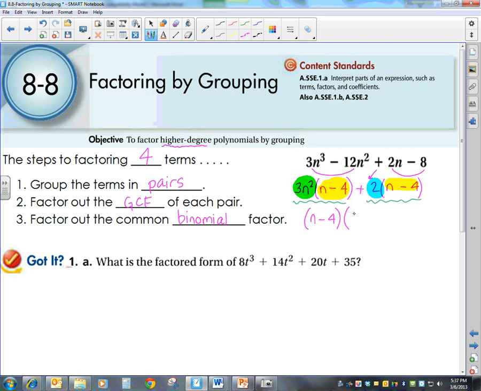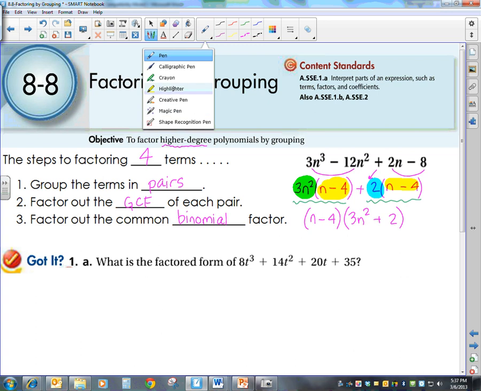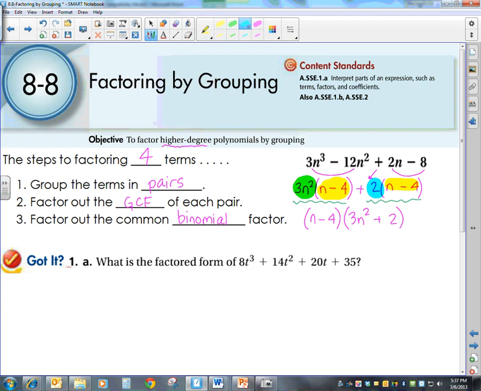So I have n minus 4, then I have 3n squared plus 2. And I'm going to highlight each of those so you can follow where the terms are going. My 2 is right here, so my blue went there. My green, 3n squared, went here. So those two made up the other factor, and then my common factor is out front. All right, let's go do another one.